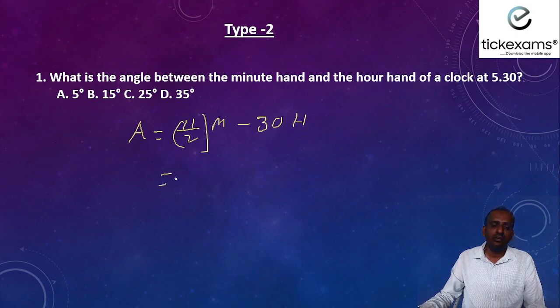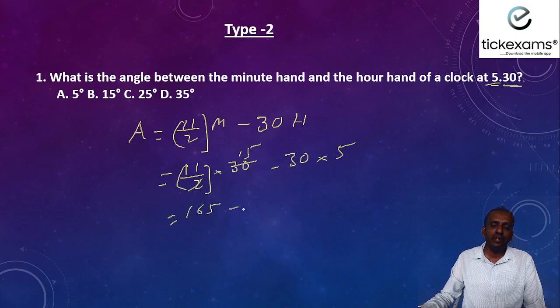They are asking A, so we say 11 by 2 into m, which is 30 minutes, minus 30 into h, the hours, 5. 2 ones are 2, 11 into 15 is 165, minus 30 into 5, 150, which is 15 degrees. So the angle is 15 degrees. Option B is the right answer.